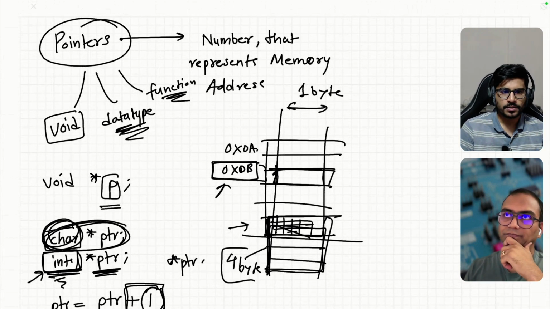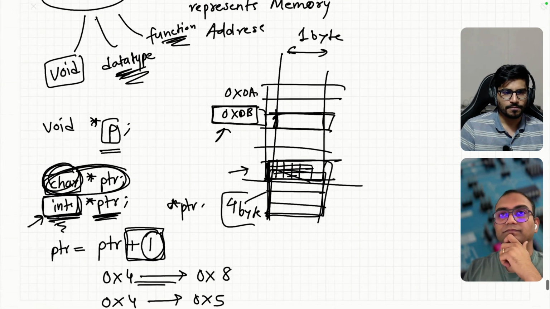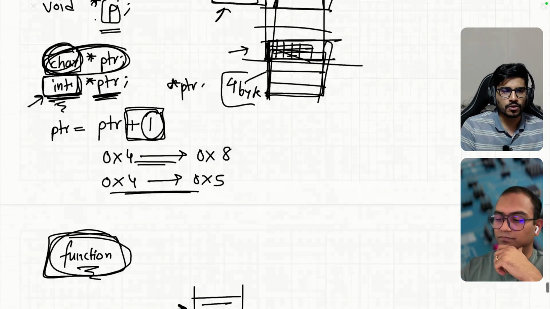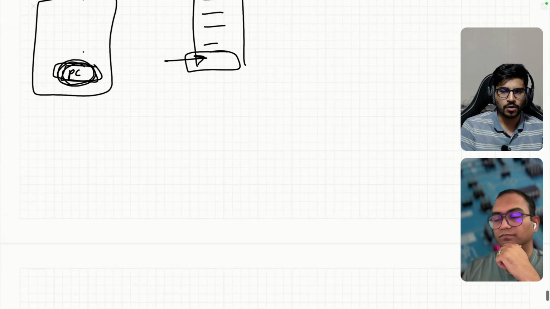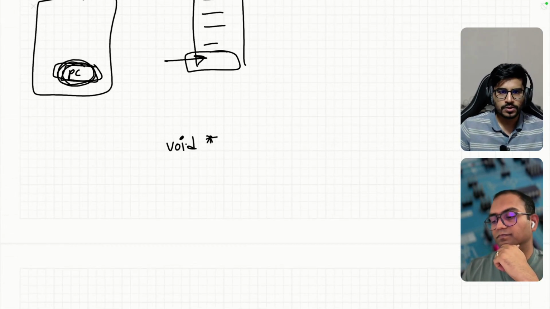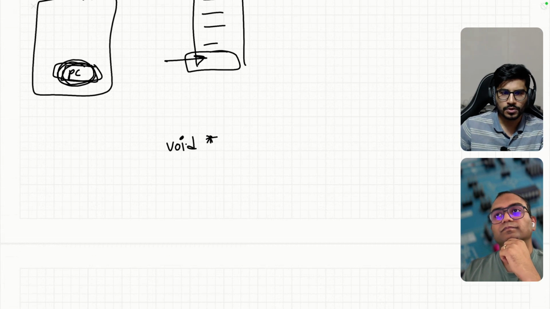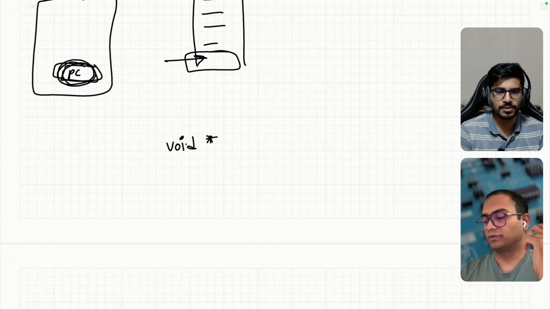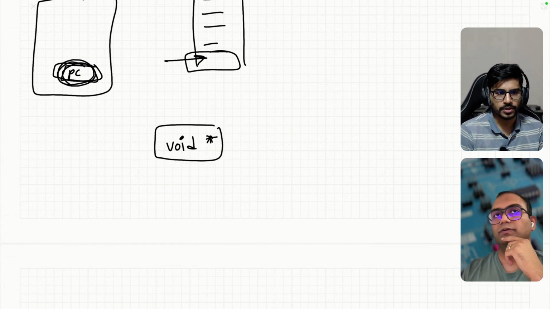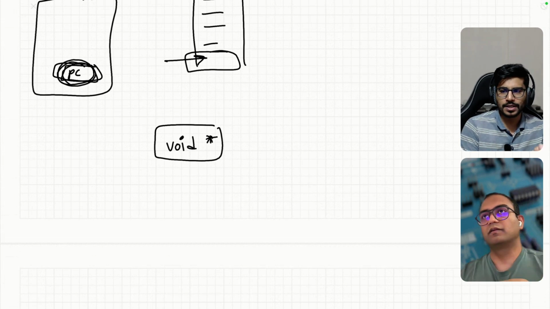A void pointer is not of much use by itself, but you need to make sure that it still exists, because functions like malloc and calloc return a void pointer, since they don't know what sort of data you would want to store in that block. So it makes sense to return a void pointer there, and that is why we typically have to typecast.